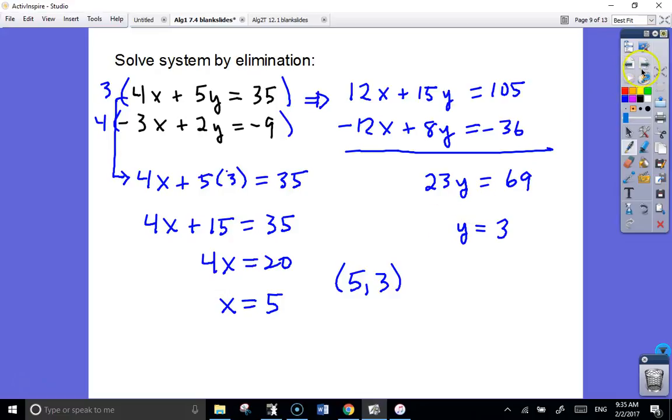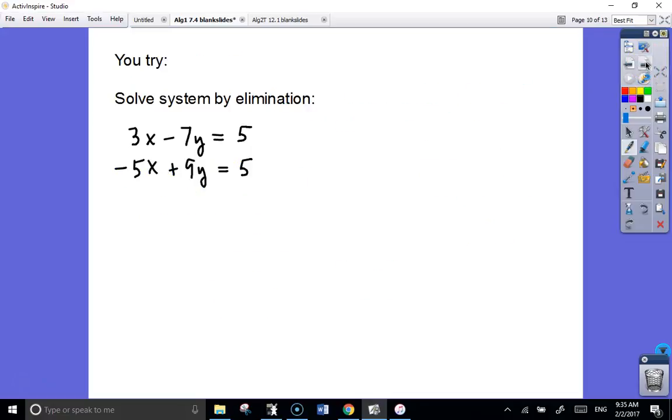So in order to make this faster, try that one. And you could choose to make the x's or the y's.